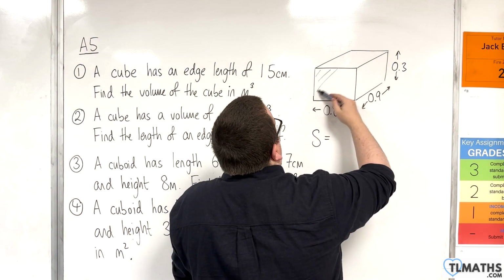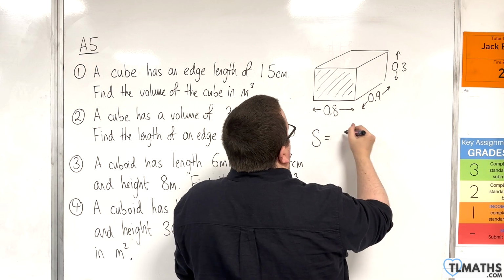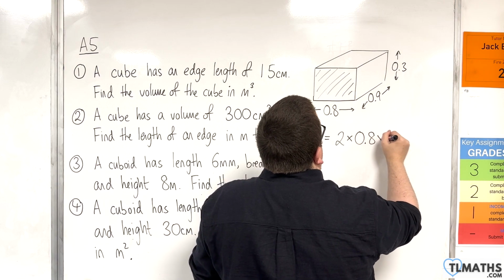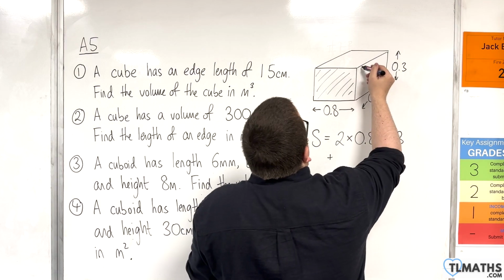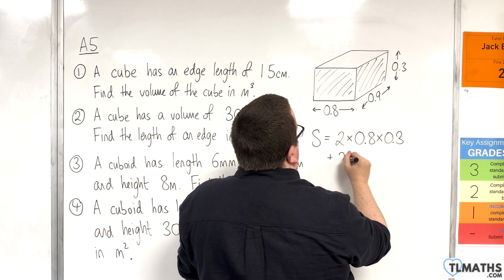So, the surface area. Now, we've got this face here, which is 0.8 times 0.3, and we've got 2 of those. So, 2 lots of 0.8 times 0.3. Then we've got 2 of these, and that's 0.9 times 0.3.